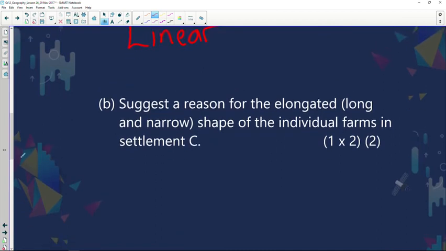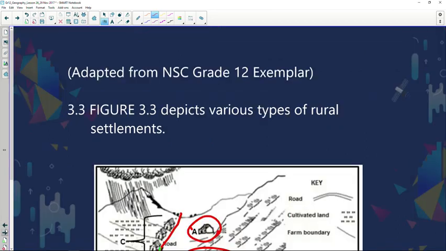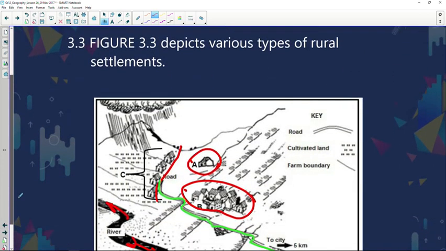Suggest a reason for the elongated, long and narrow shape of the individual farms in settlement C. Now let's quickly go and have a look at our figure again. Now first of all, the reason why they are situated in a straight line or like in a linear shape is because they are situated next to the road.